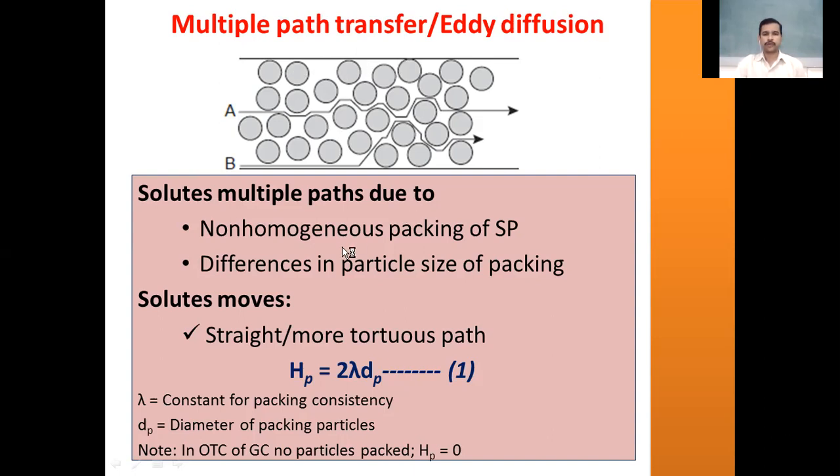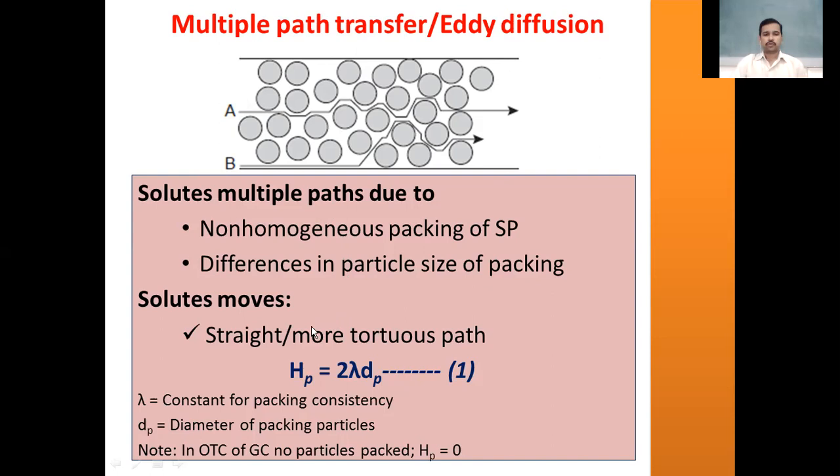So these are the two factors why multiple path transfer of the solute can be seen during elution in the chromatographic separation process. Solutes will be moving in multiple paths because of the non-homogeneous packing of the stationary phase and the differences in particle size of the stationary phase particles. These are the two factors responsible for eddy diffusion.